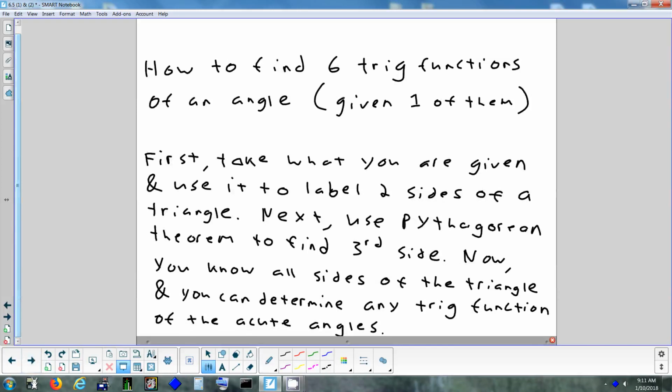We will practice finding all 6. In general, though, the sine, the cosine, and the tangent are the most important ones. In fact, in trig, you can really do everything with just sine and cosine.